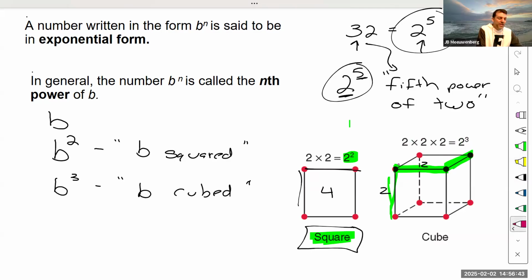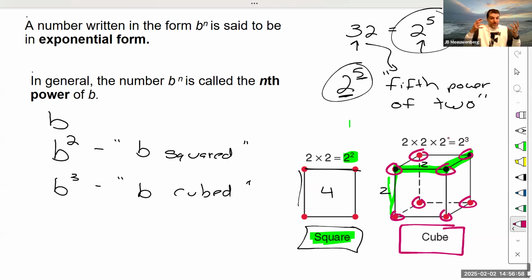Count how many of those dots are there. 1, 2, 3, 4, 5, 6, 7, 8. So we say 2 to the 3rd power is a cube number, or 2 cubed, because the number of dots can be arranged physically in an actual cube. All right, so cubed and squared are words that we use quite a bit.